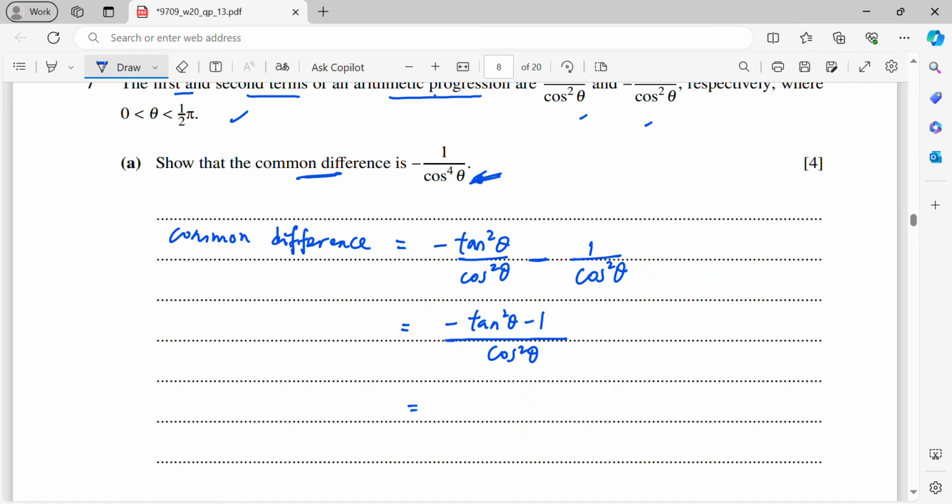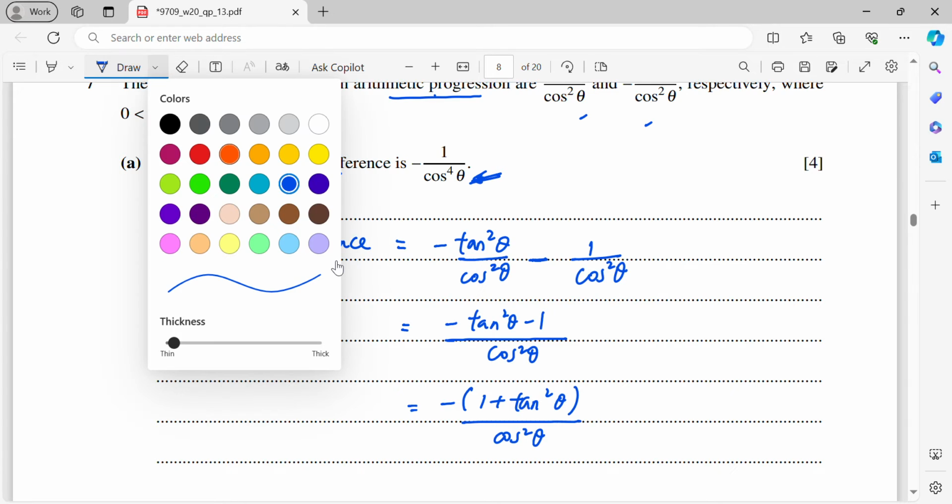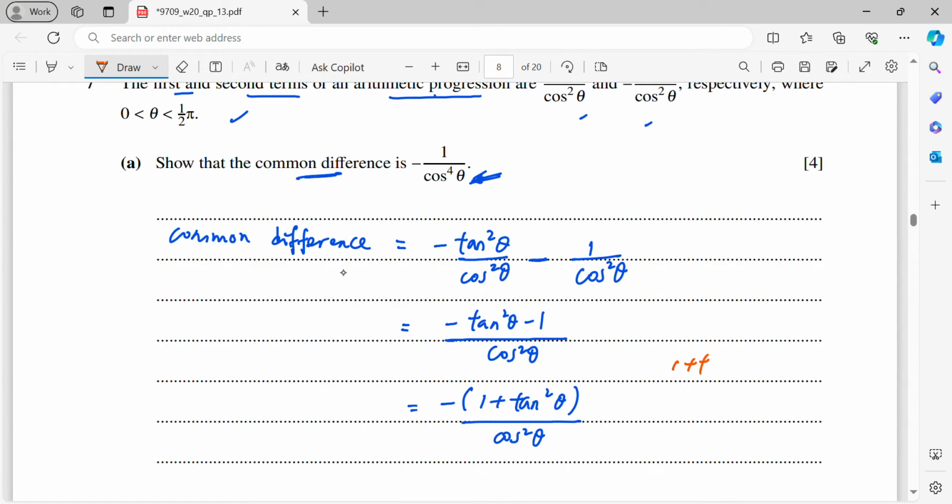Basically this can be done using two ways, I show you both ways. So here minus 1 plus tangent squared theta, then over cos squared theta. So we have an identity: 1 plus tangent squared A is secant squared A, right?